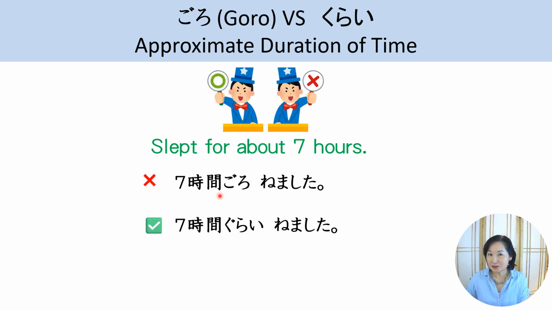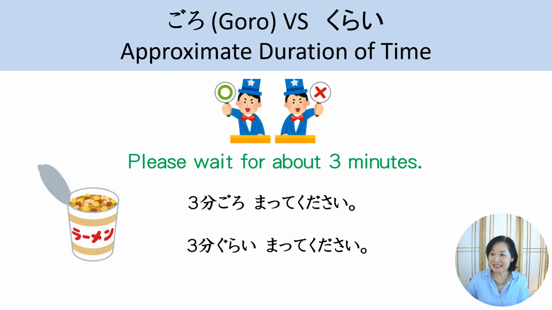To show the duration of time, you have to use ぐらい。How about these two sentences? Are they both correct? To say, please wait for 3 minutes. 3分ごろ待ってください。and 3分ぐらい待ってください。そうです。This sentence is correct. This is not right.